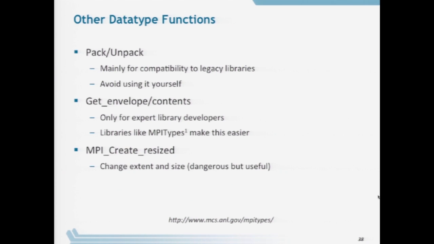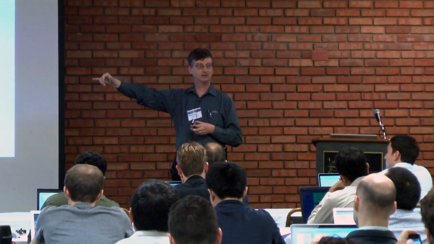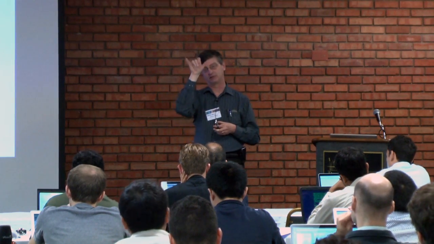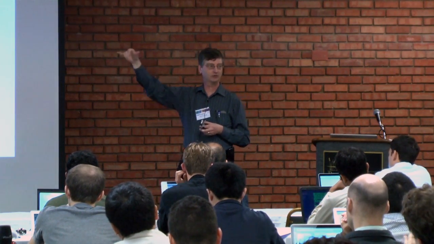In many ways, this is my favorite constructor because it allows you to do some very sophisticated things. It changes what we call the extent of a data type. When you use contiguous, you put together successive versions of the data type, where you use the extent to figure out where the next one goes.